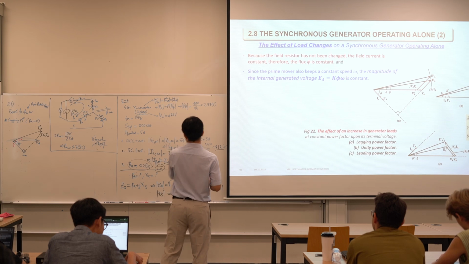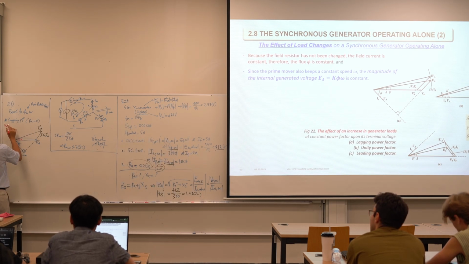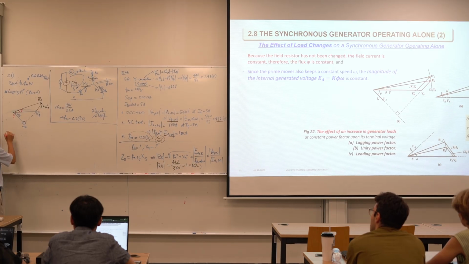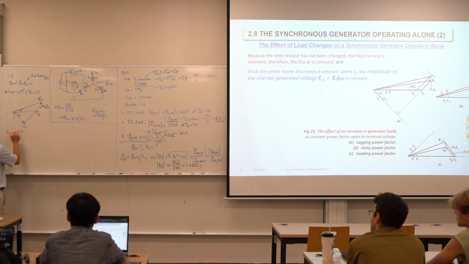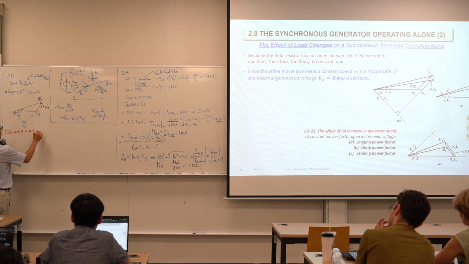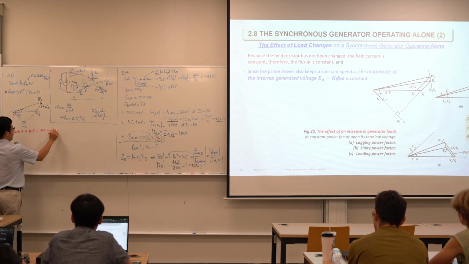EA is constant. So EA is constant if phi m and omega are constant, right?